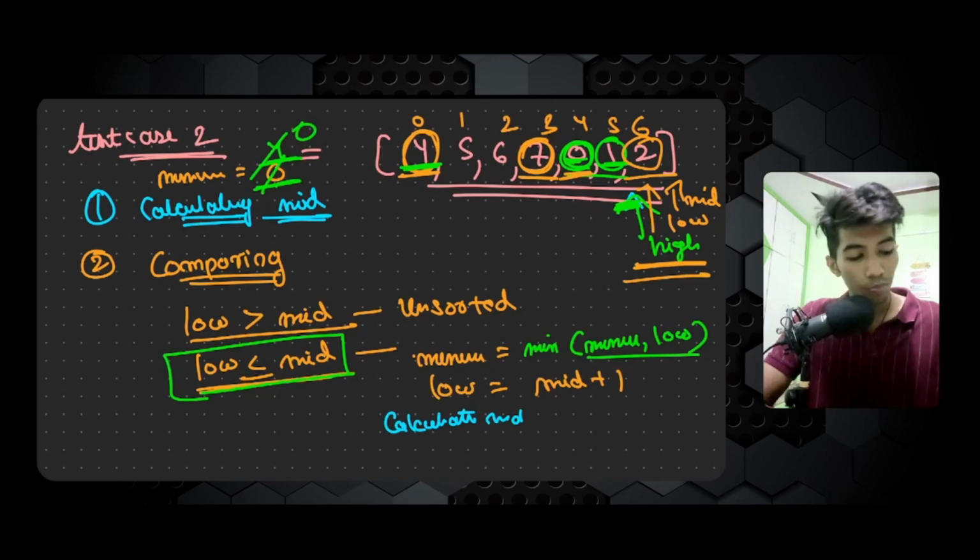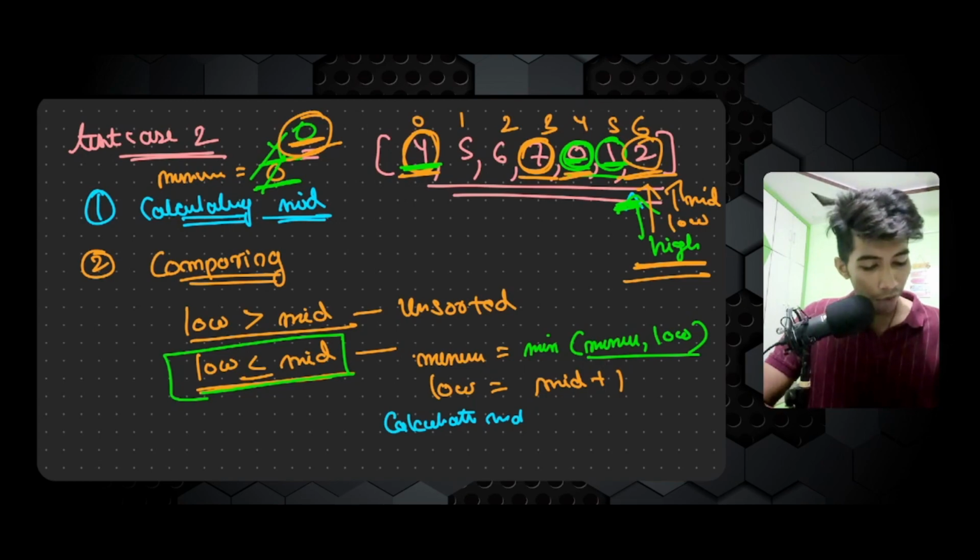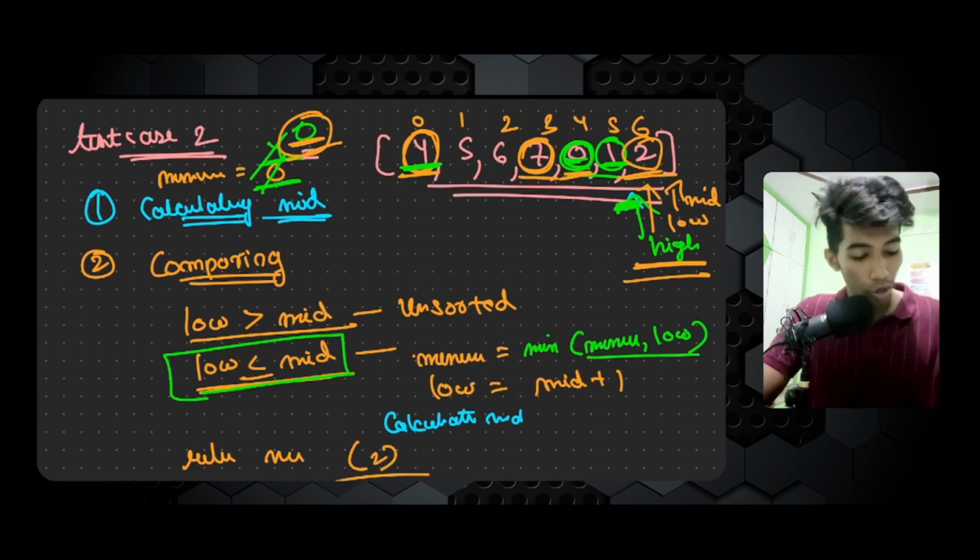And we all know that when we compare 2 with this particular 0, 0 is lesser than 2, so it will remain 0 only, and we will return the minimum. So in this case 2 will be my answer again. Oh sorry, 0 will be my answer again, because this is the minimum.